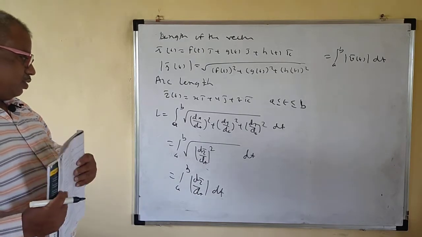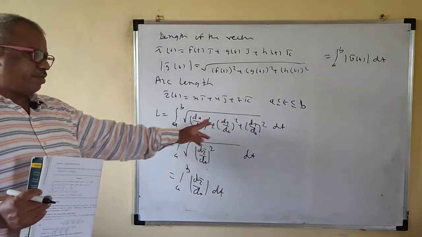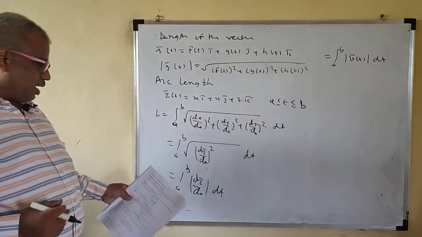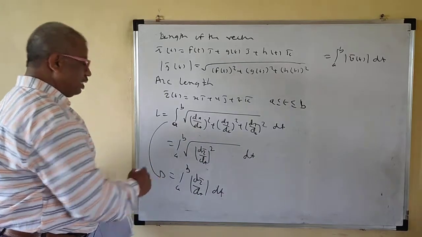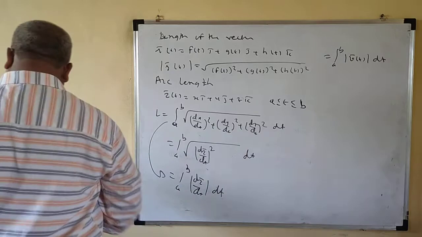Directly you can write mod of dr bar by dt from this. So this is the formula for this.